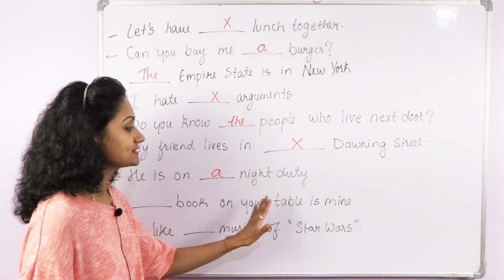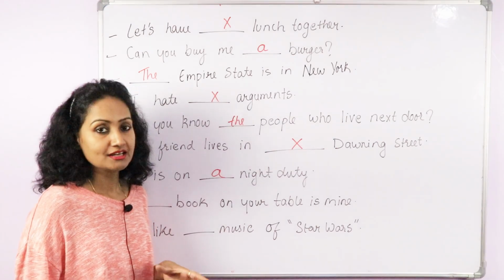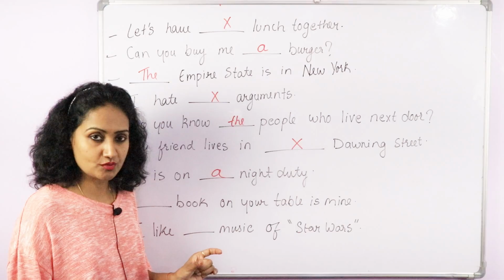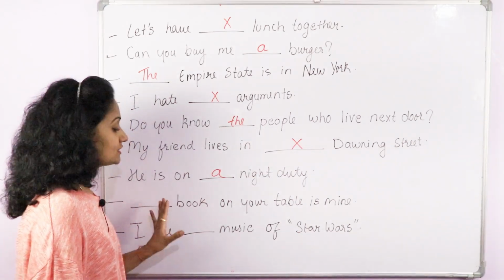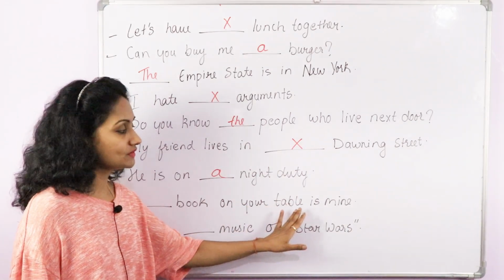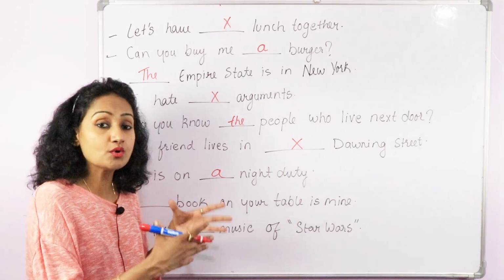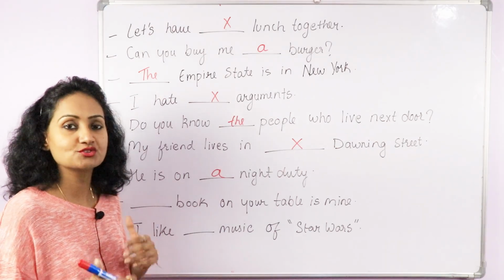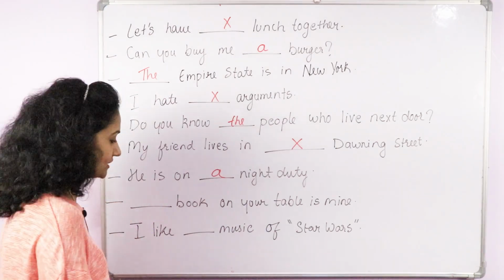Dash book on your table is mine. Are we talking about a general book or a specific book? That book on your table is mine. The book that is lying on your table is mine. So I'm talking about a specific book here.